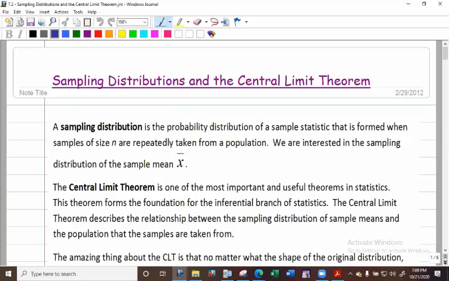Say you take samples of size 20 from a population and calculate an average, then take a different 20 and calculate a new average. You get new variable values: x bar equals this, x bar equals this, and so forth. Then we look at how that relates to the normal curve.